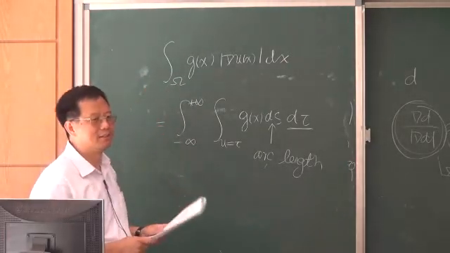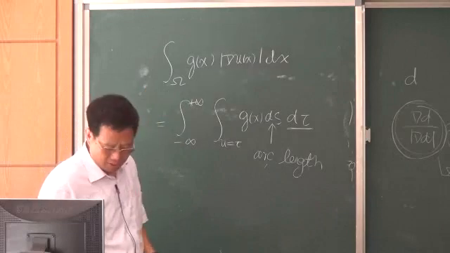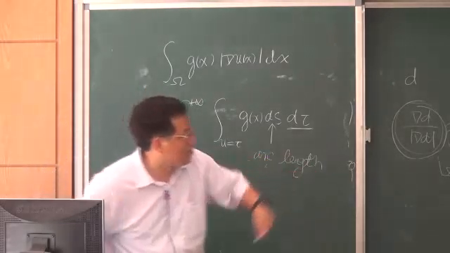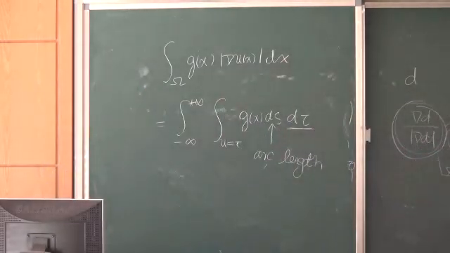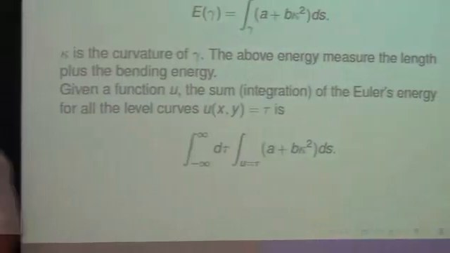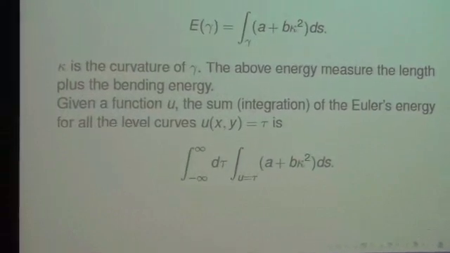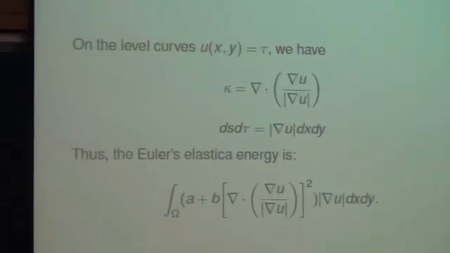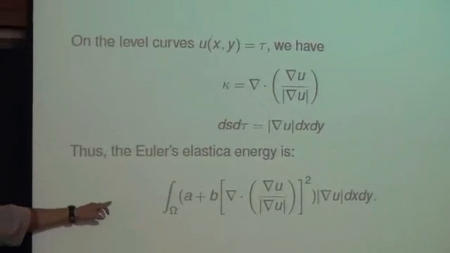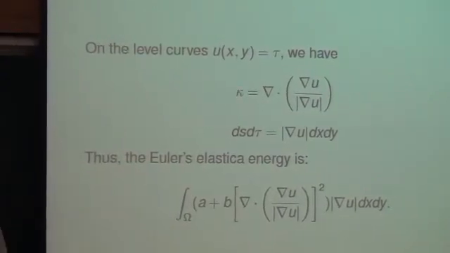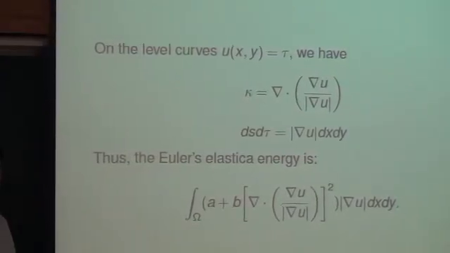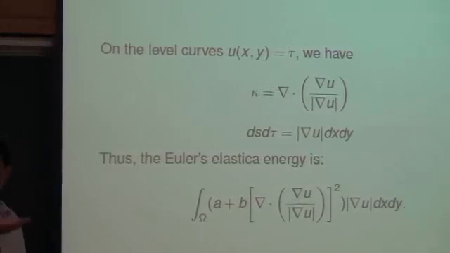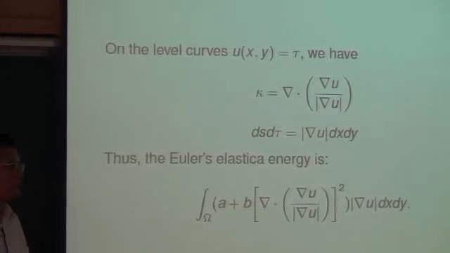So if you use the co-area formula, and essentially you put this one as g, and use this formula, then this becomes the total elasticity of all the level curves. So you integrate the elasticity of all the different level curves.